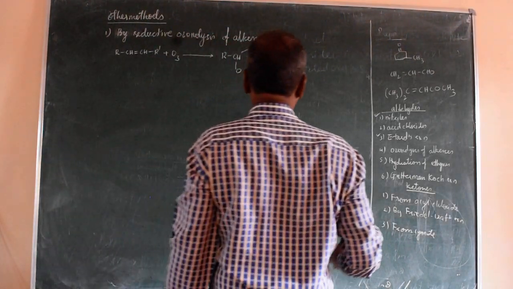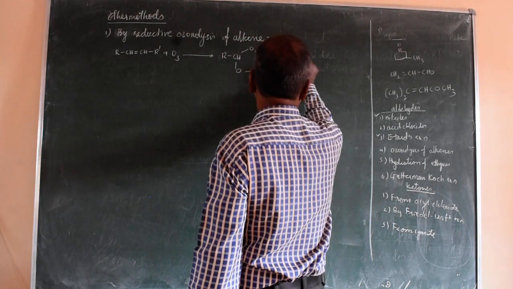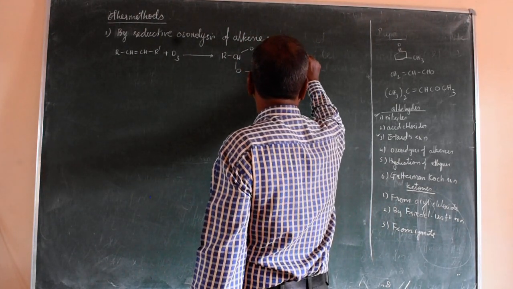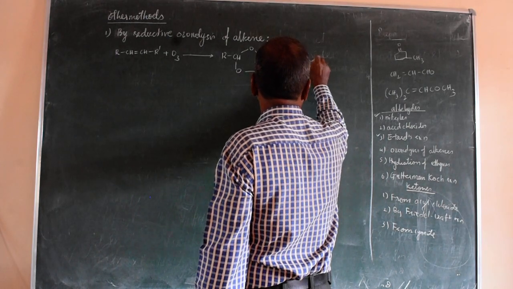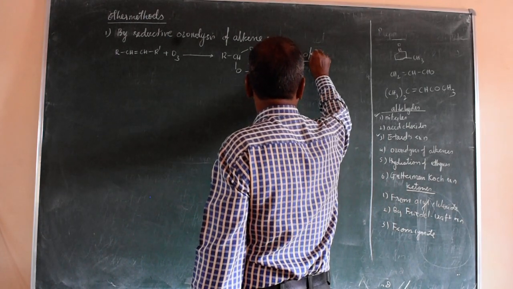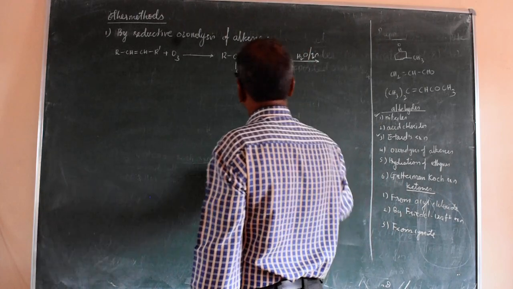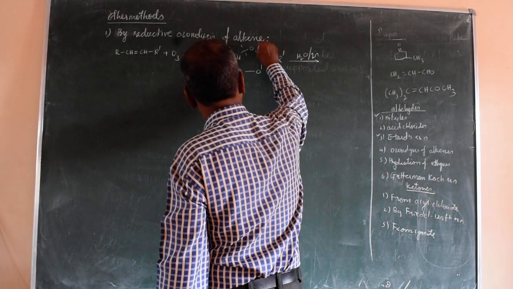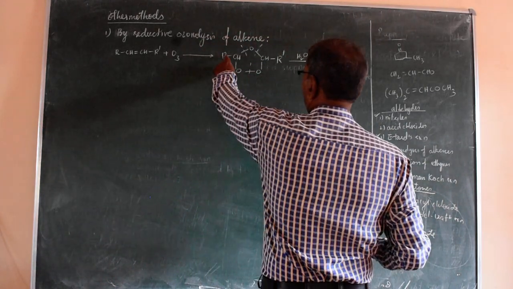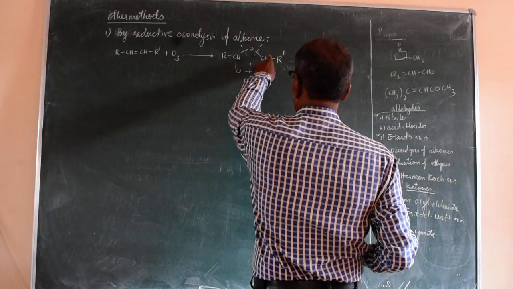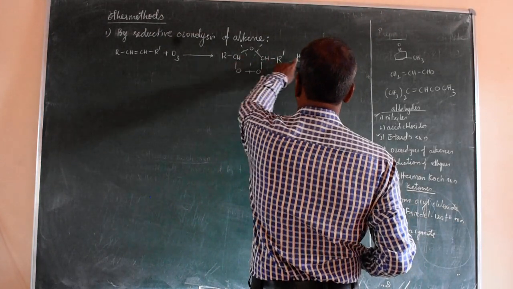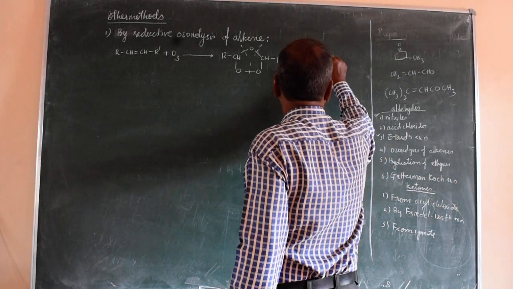Afterwards, the hydrolysis, that is reaction with water. Reductive means in presence of Zn. The breaking of this bond takes place. So we have RCHO, R'CHO, and then we have H2O2.